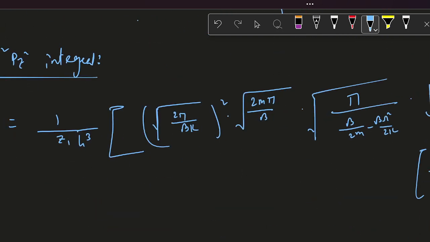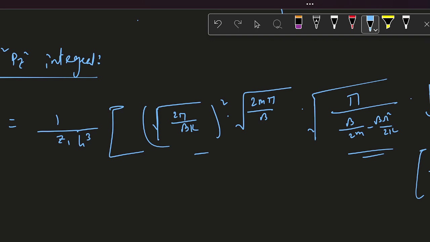Okay, so if that is the case, then let us simplify. This is 1 by z1 h cube, this is 2 pi by beta k to the power 3 by 2, because you have 3 such terms here and here. Then you have a single root over 2m pi by beta. Then you have this term twice, so you just take out the square root, and this is simply beta by twice m minus beta omega squared by twice k.